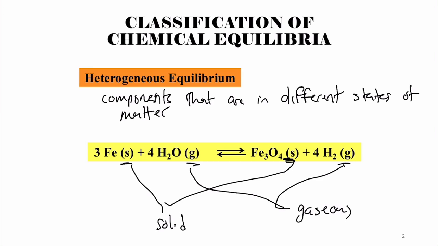So solids and liquids have very high densities, so the molar concentration isn't going to change much as we look at solids or liquids as the reaction reaches equilibrium. So once we have an equilibrium ratio, adding more of that solid or less of that solid doesn't change the overall volume of the system very much, so it's not going to change the equilibrium.